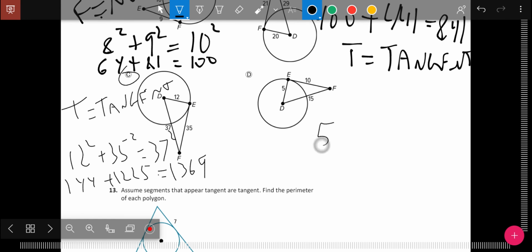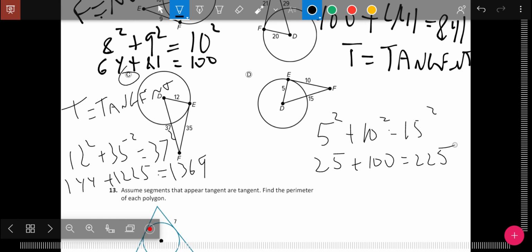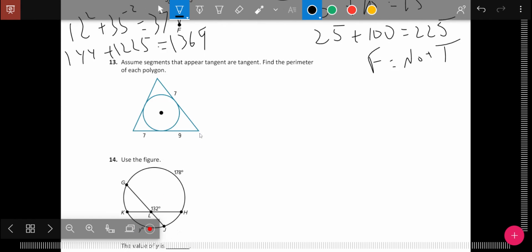And then here I do 5 squared plus 10 squared equals 15 squared, which is 25 plus 100 equals 225. And of course, that's false. And so it's not tangent. And so B and C end up being my answers.